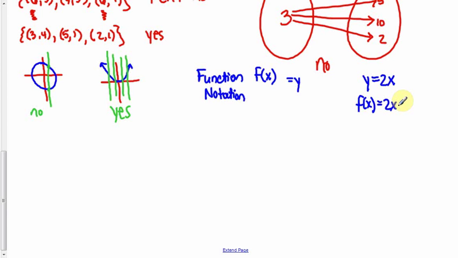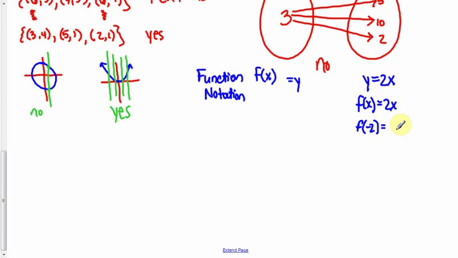When you're given an equation in function notation, oftentimes you'll be asked to evaluate that function for different values. So we're going to start with, let's evaluate f of negative 2. That says let's evaluate the function f at negative 2.